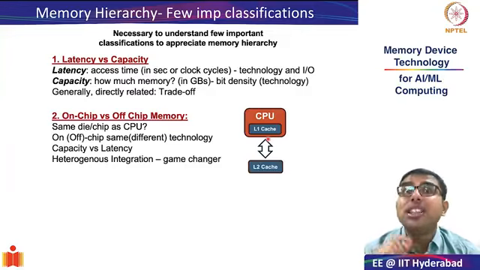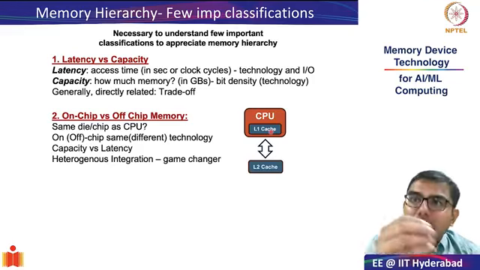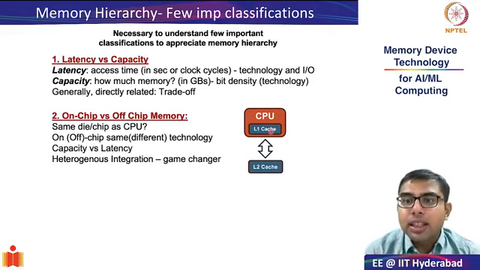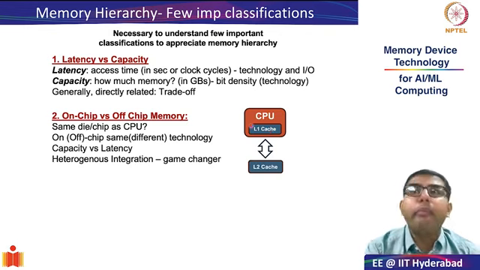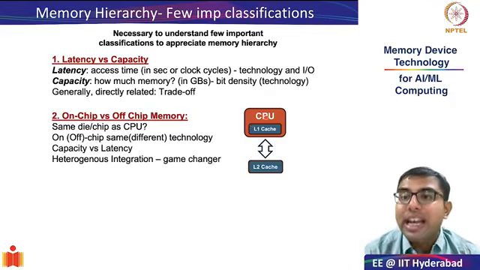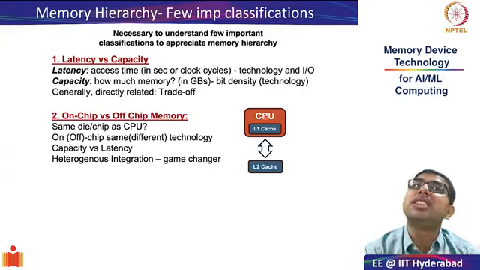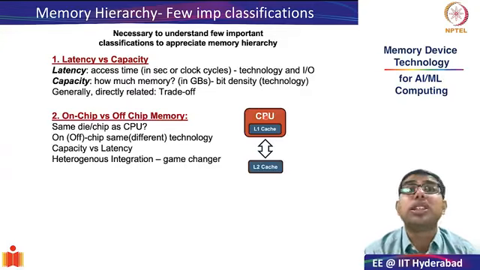Generally, not always, whenever you embed a memory element within the chip, it is made from the same technology node or same fabrication processes as the transistors used for the CPU computation as well.